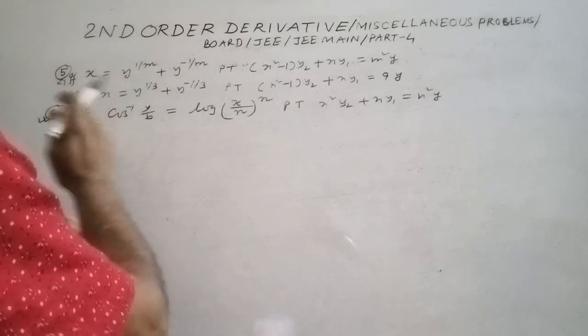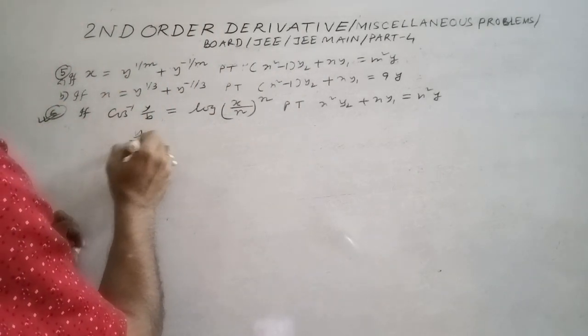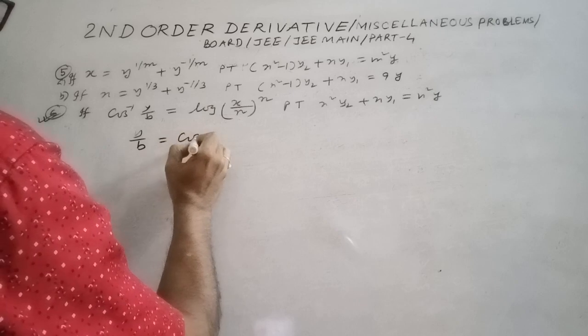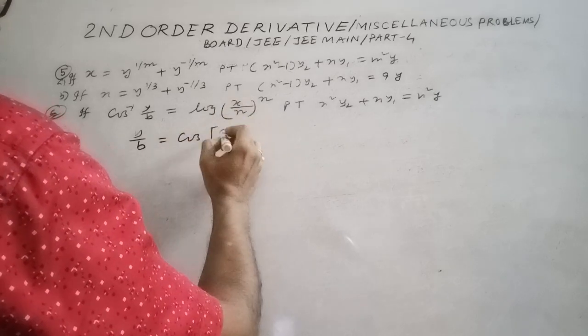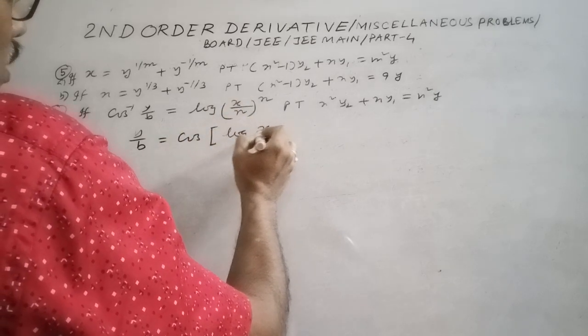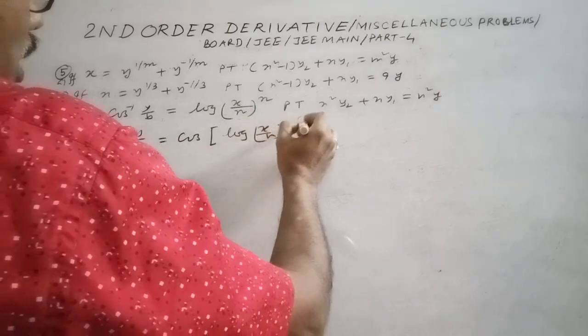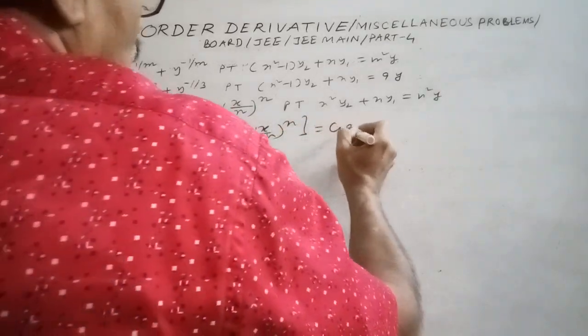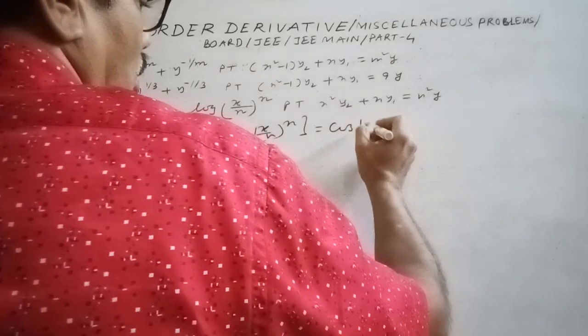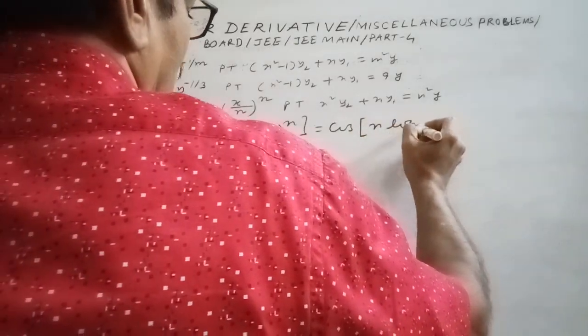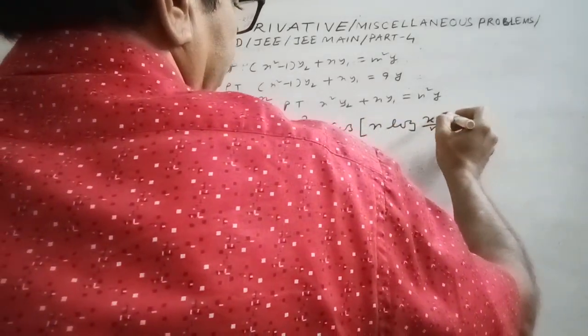So y by b equals cos of (log x by n) whole to the power n. By the rule of indices, this is cos of n log x by n.